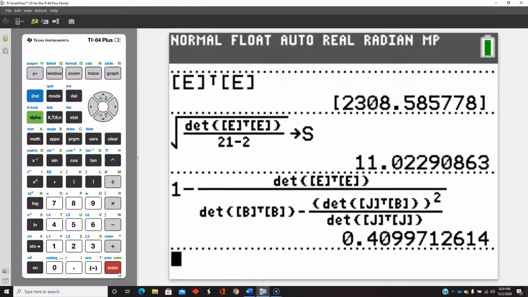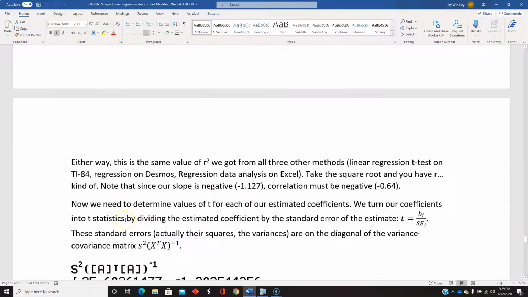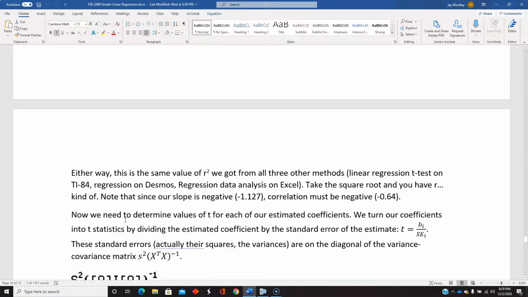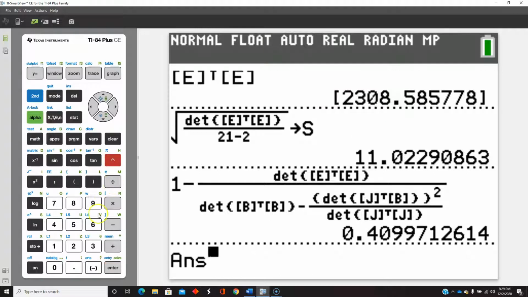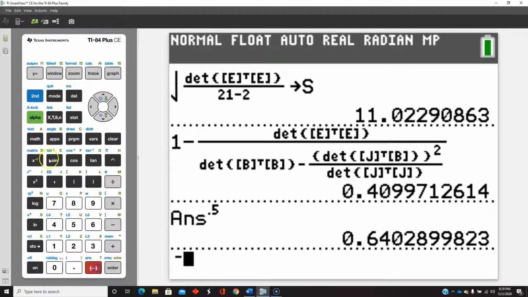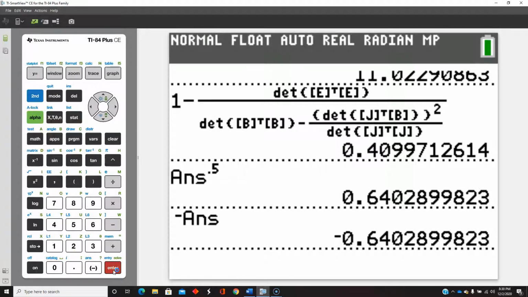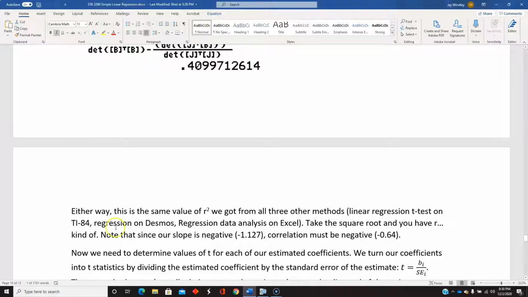There we go. So that calculation, purely involving matrices, gives us our value of R squared. Then, of course, we can take the square root of that and get our value of R, but we also have to take the negative of that answer because we had a negative slope. So there's our value of r.